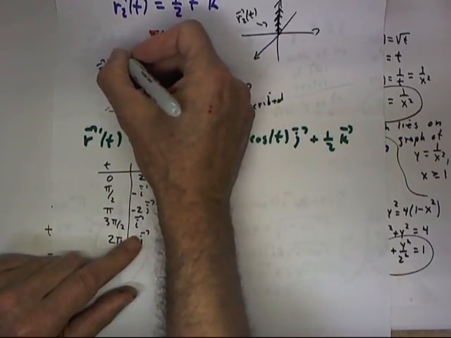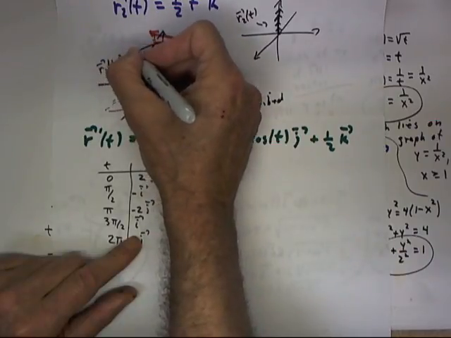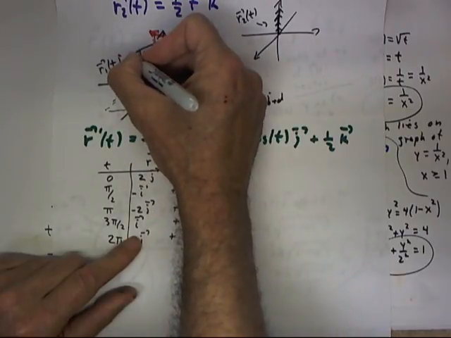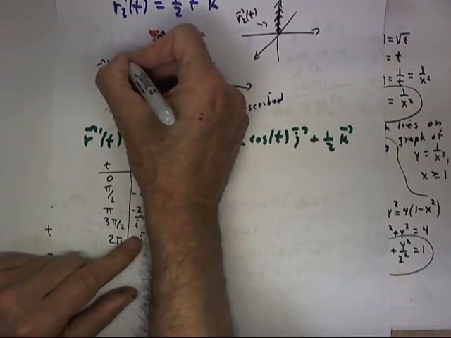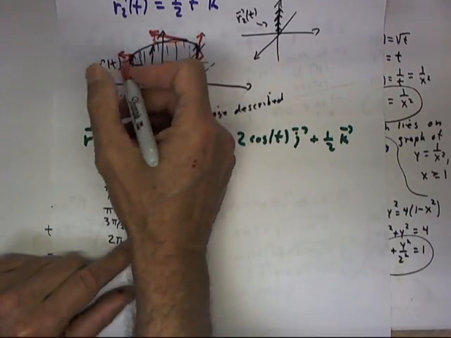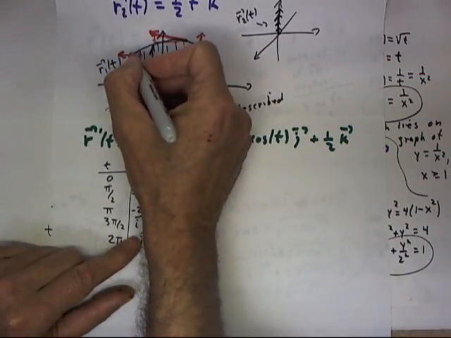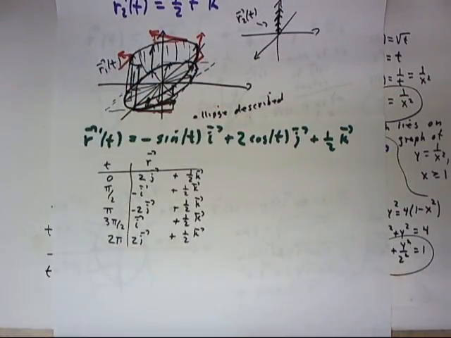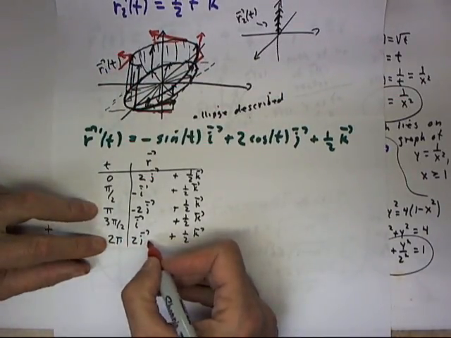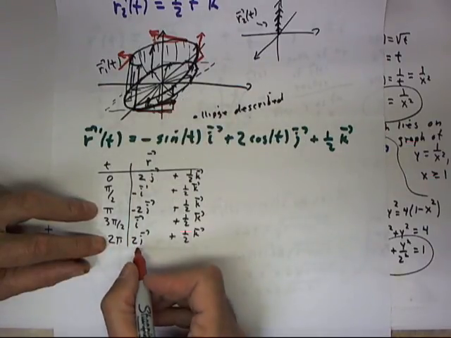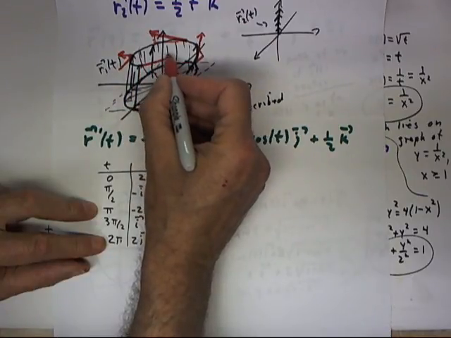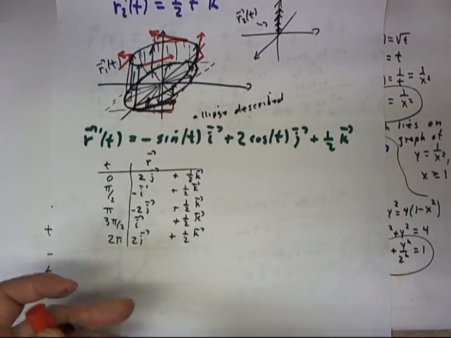The 1/2 k would again be upward, and we would end up with a vector in this direction. This is complicated a little bit because that vector is coming at us. It doesn't look as long as it is, and also interferes with the labeling here. By the time we get to 2 pi, we're back to the 2j plus 1/2 k vector, which would be the same as this vector, moving parallel to this vector.